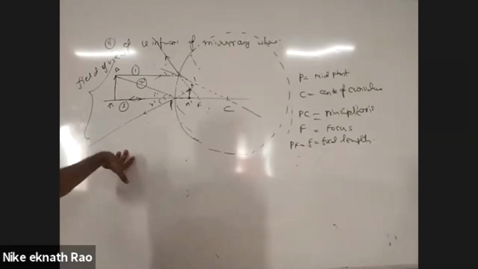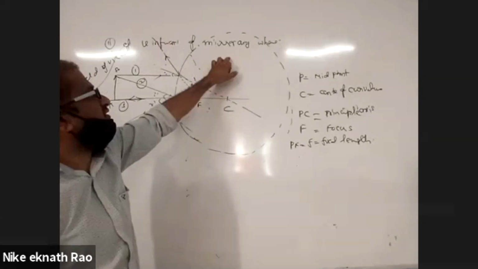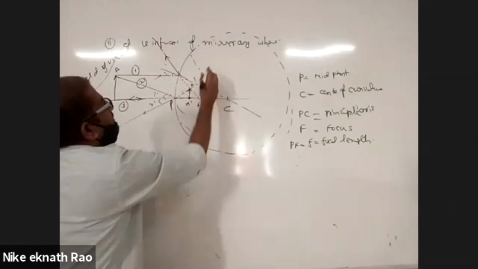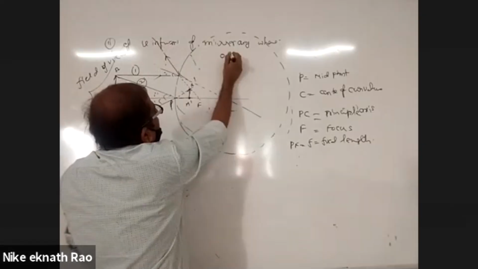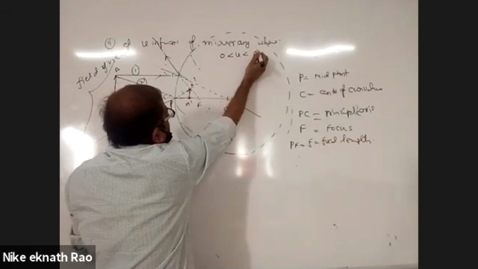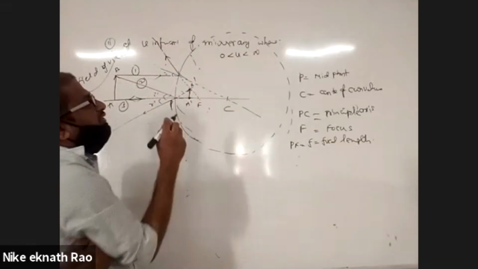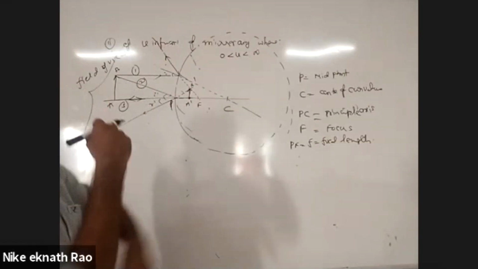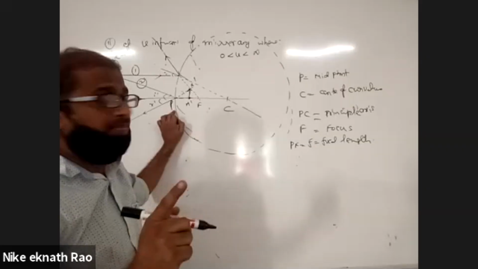Now, whenever the object is in front of the mirror, the object distance lies between 0 and infinity. The mirror is always measured from the pole, the center of the mirror.